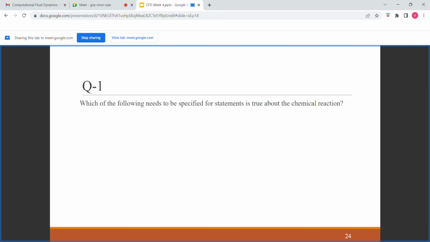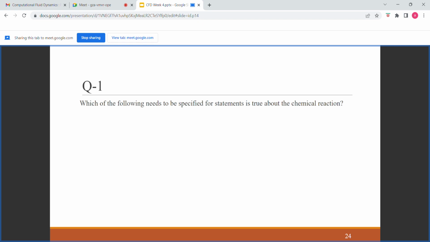In question 1, it is asked which of the following statements is true about the chemical reaction. So there are a few statements given regarding the problem.